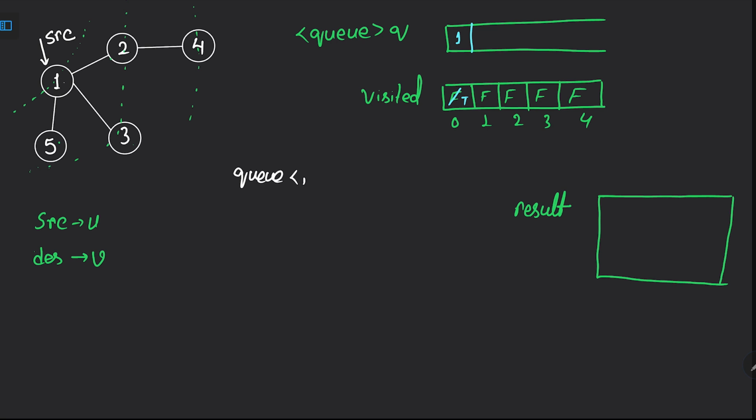I will keep a queue which is integer type, and visited of source will be true.